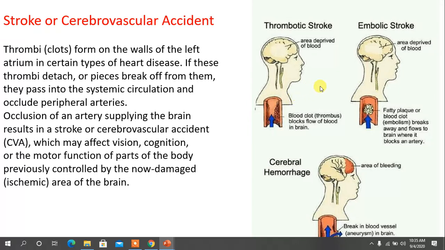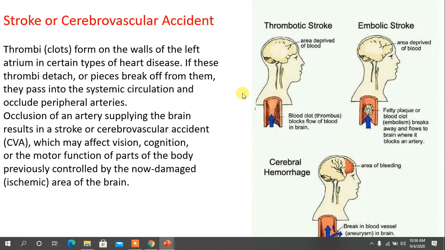In diseases of the left atrium and the mitral valve, a thrombus or clot on the left atrium or the mitral valve, or vegetations, can form, and through the left ventricle and the main vessel, they can go straight to the brain and lead to a cerebrovascular accident. So this is why it is mentioned here before we go to the discussion on valvular defects.